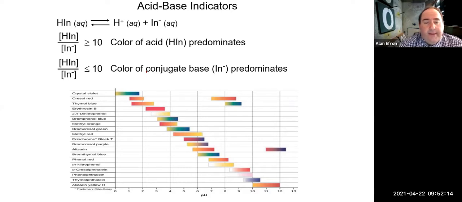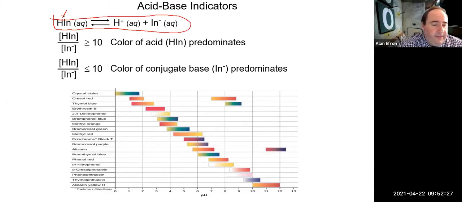So what do we want in an indicator? How does an indicator work? Well, an indicator is pretty much like a weak acid. There's HIn, here's the indicator. There's a protonated form, like an acid, and a deprotonated form where the proton comes off, like the base. So a weak acid and conjugate base system is what's set up when you put an indicator into your solution.